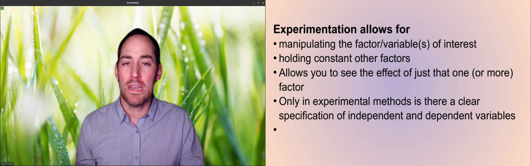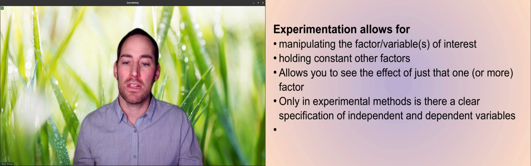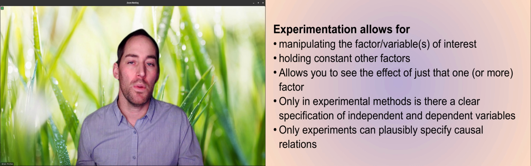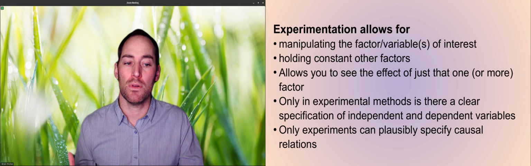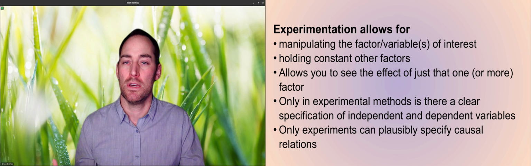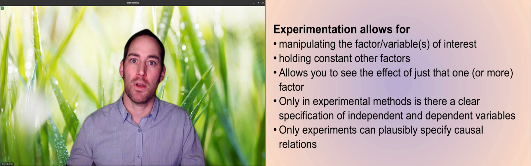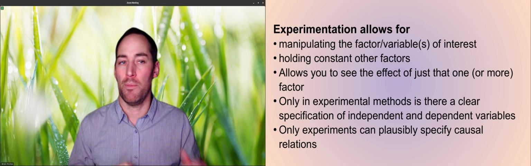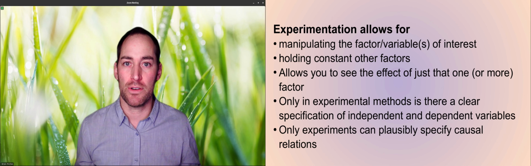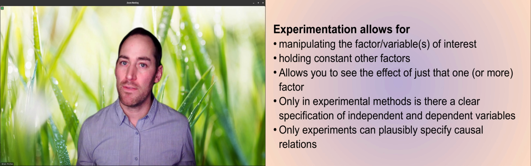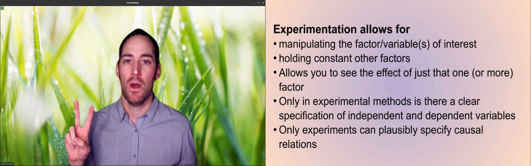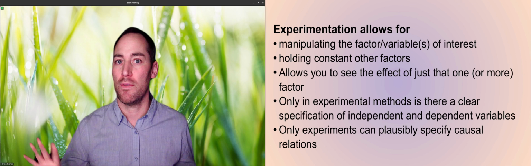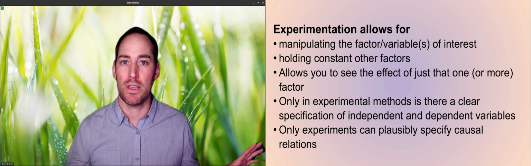With this, only in experimental methods is there a really clear specification for independent and dependent variables. And only experiments give you plausible causal relationships. So it's only in experiments that you can plausibly specify causal relationships. Because I held all the other factors constant, because the only variable different between these two rooms was randomly assigned, there was a random assortment of 100 people in one room, 100 people in the other room.